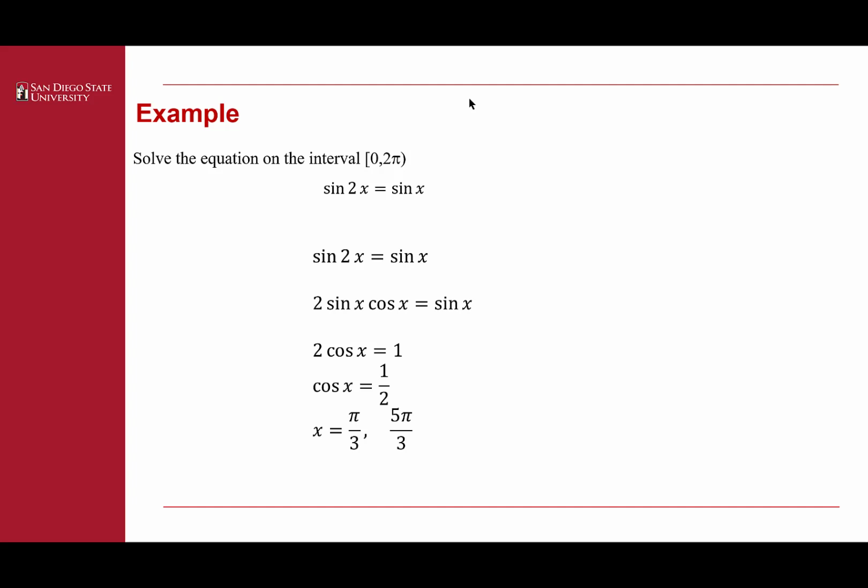The angle must be pi over 3, which is 60 degrees, or 5 pi over 3. If there was no interval, we could continue adding 2 pi's to the solution and get an unlimited number of x values.